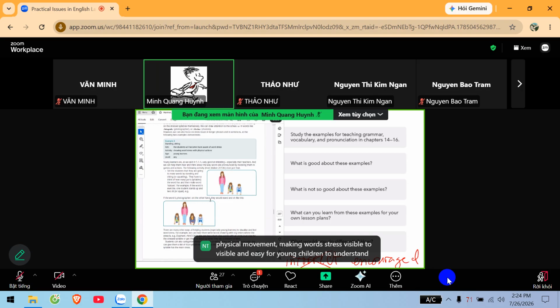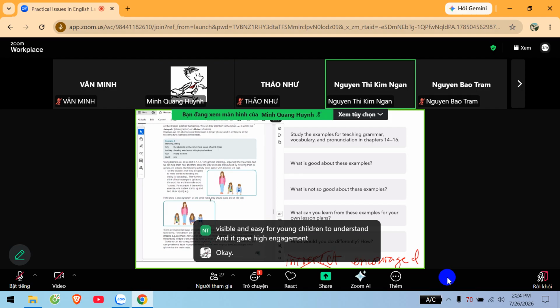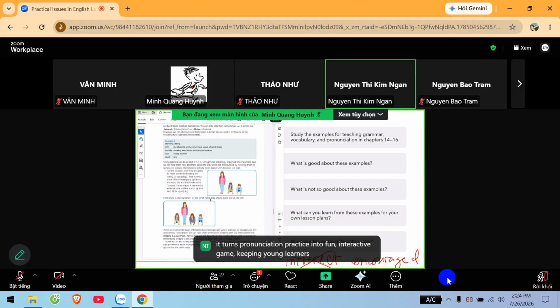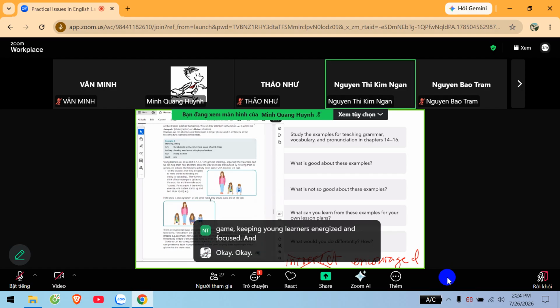And it gives high engagement and energy, because it turns pronunciation practice into a fun interactive game, keeping young learners energized and focused. And it's memorable because it creates word statues and a strong mental image, helping students memorize stress patterns longer. Okay.